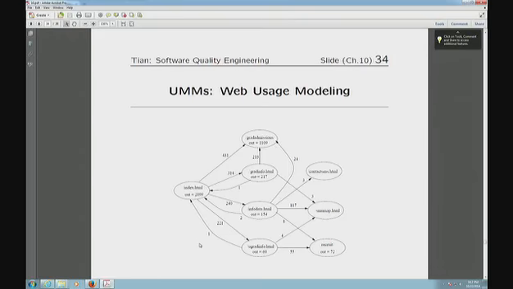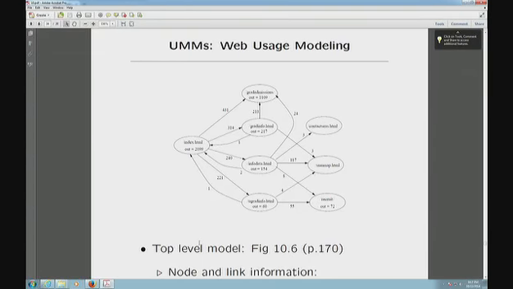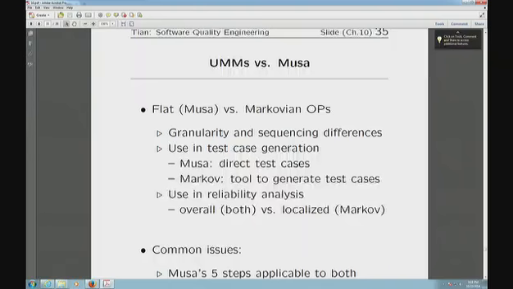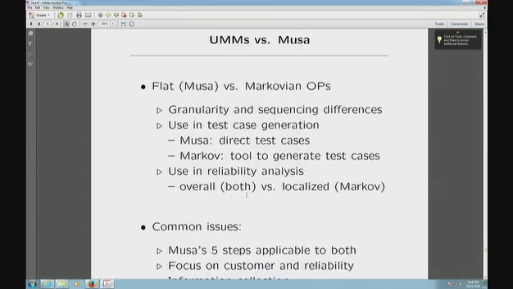We can connect the things together. In this case we look at the referral information from one page to another, and then we connect those things and build this kind of Markov model. So that's the case study. I also mentioned the conversion between the UMM, the Markov operational profile, and Musa. From the Markov operational profile, you can convert to Musa as long as you give some kind of cutoff threshold, because you want to eliminate those infinitely long sequences.